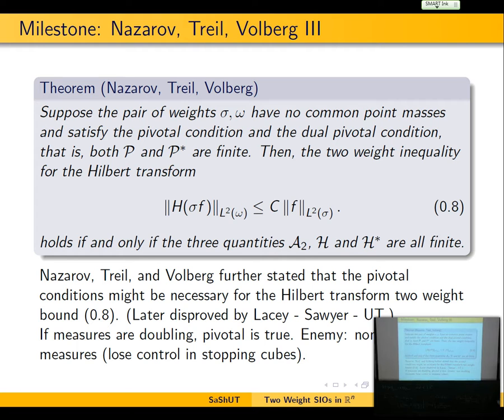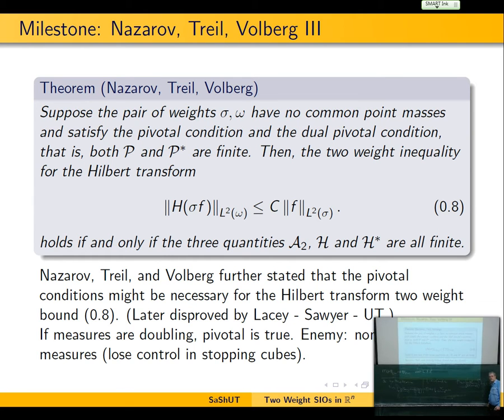So let me give a quick picture of one possible example, which also highlights another idea, the example used to prove that the pivotal conditions are not necessary. So you take the 1/3 Cantor set, and the corresponding measure, the standard probability measure here, is the weight omega.